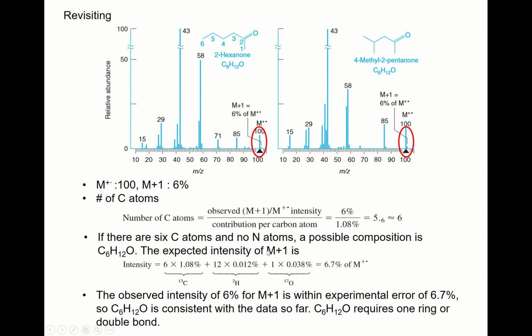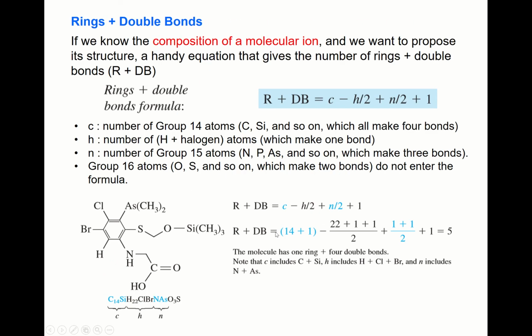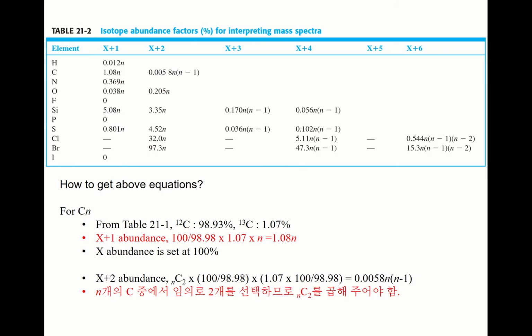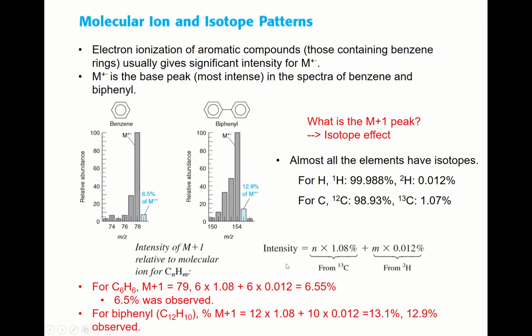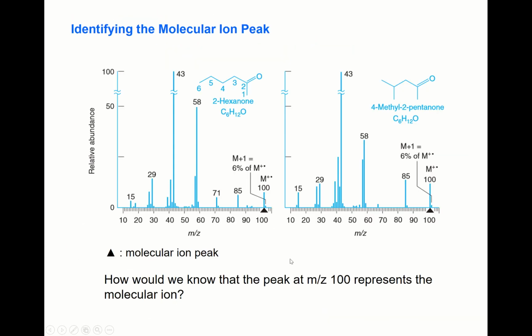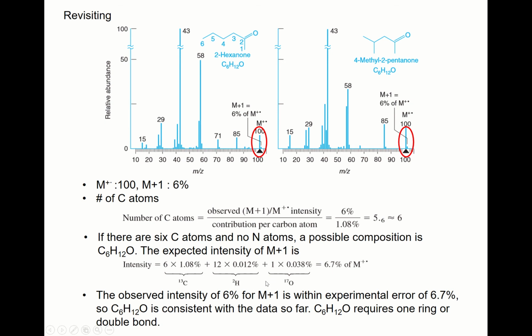For the expected intensity of M plus 1, we apply the kind of calculation we did previously, considering the isotopes. Previously we considered only the carbon isotope effect, but now we consider all the isotope effects, from deuterium and oxygen 17, but their contributions are small compared to carbon, whose isotope contribution is 1.08%.